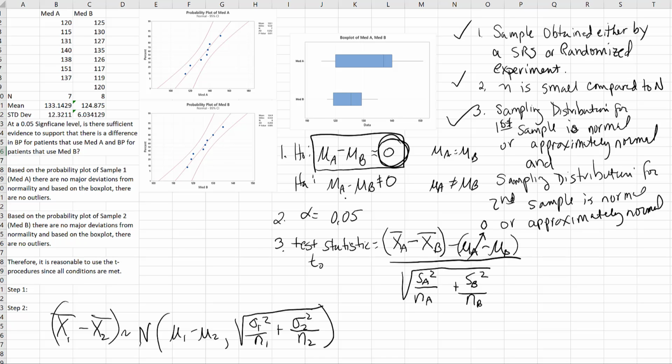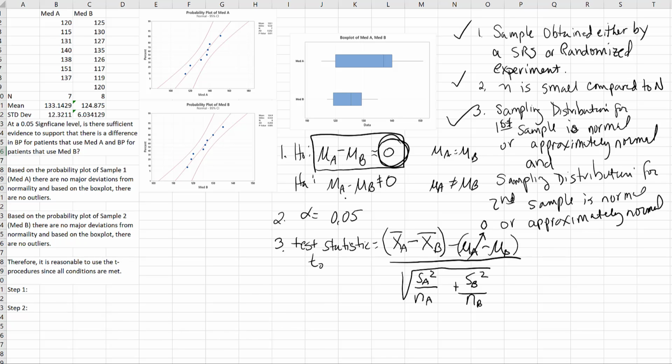But when we don't know what sigma is, and we have to estimate it with sample standard deviation, that brings us into the student t distribution, and that's why our standard error has sample standard deviation instead of sigma.